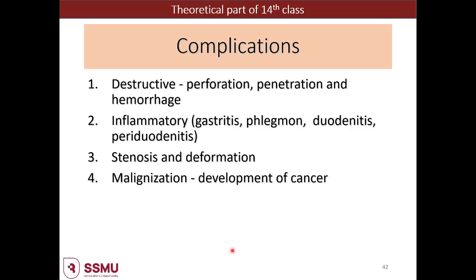All surrounding organs may be penetrated by ulcers, and in case of it we may see damage not only to the stomach but to all these surrounding organs, and penetration is really difficult for treatment and really difficult in the clinical picture because it has really life-threatening conditions.